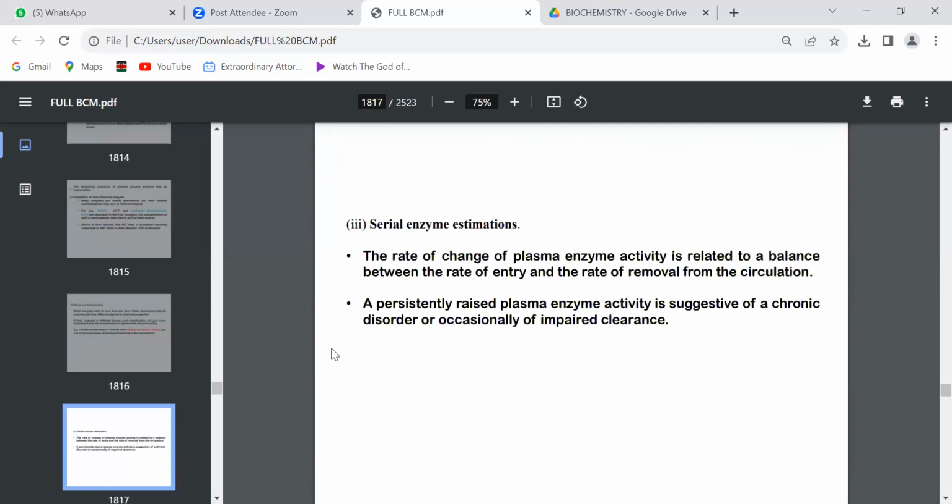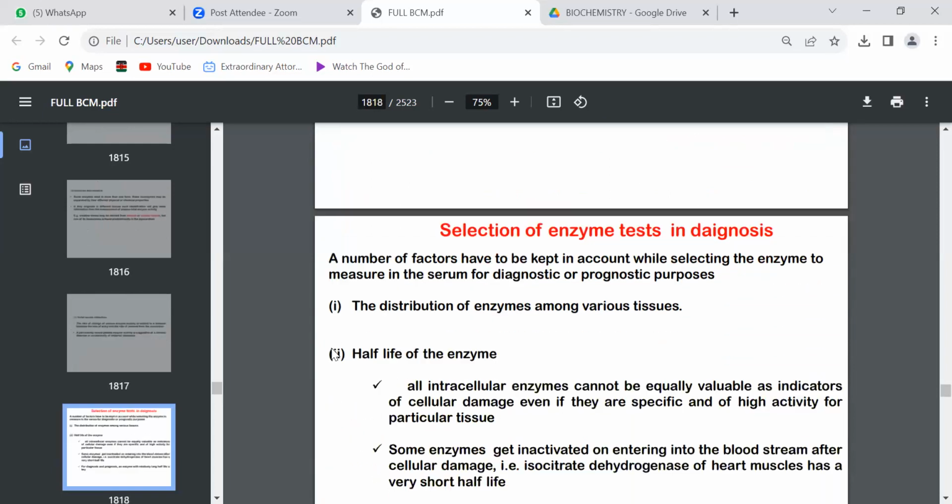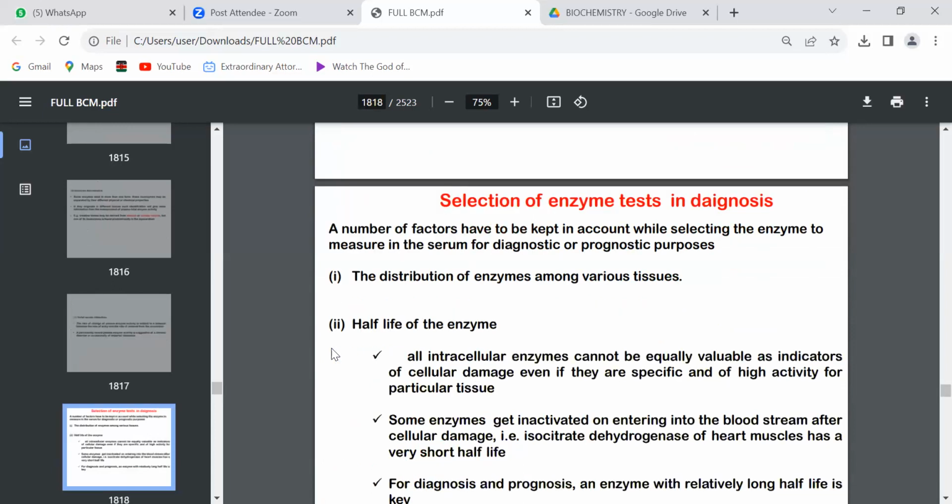And then you can also do serial enzyme estimations, where you measure the activity not just once but several times, so that you can determine whether it is just an acute thing, or an error, or really a problem with an organ. So when you're selecting an enzyme to test, like we said, you really need to consider the half-life.